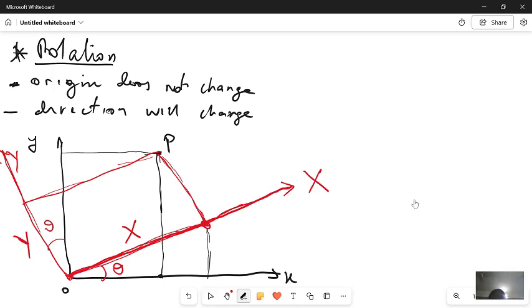If I need the coordinate from here, I have this total value minus this value, and I'll get the value of small x. If I have the total value from 0 up to here, minus this value, I will get the small x here.